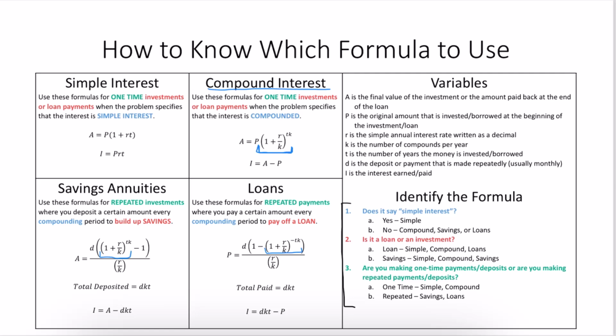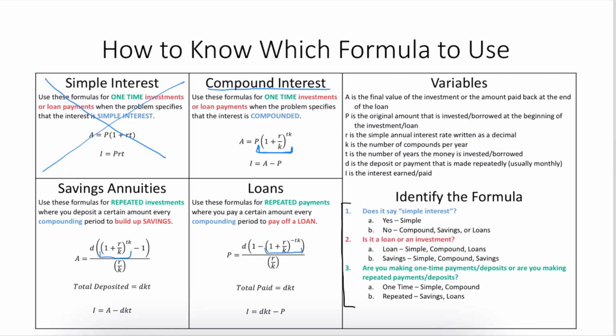So let's say, for example, we're reading through a word problem and it doesn't say simple interest. So we know that it's compound, and we can eliminate this section because it doesn't say simple interest. So now we only have 3 categories that we need to narrow down.